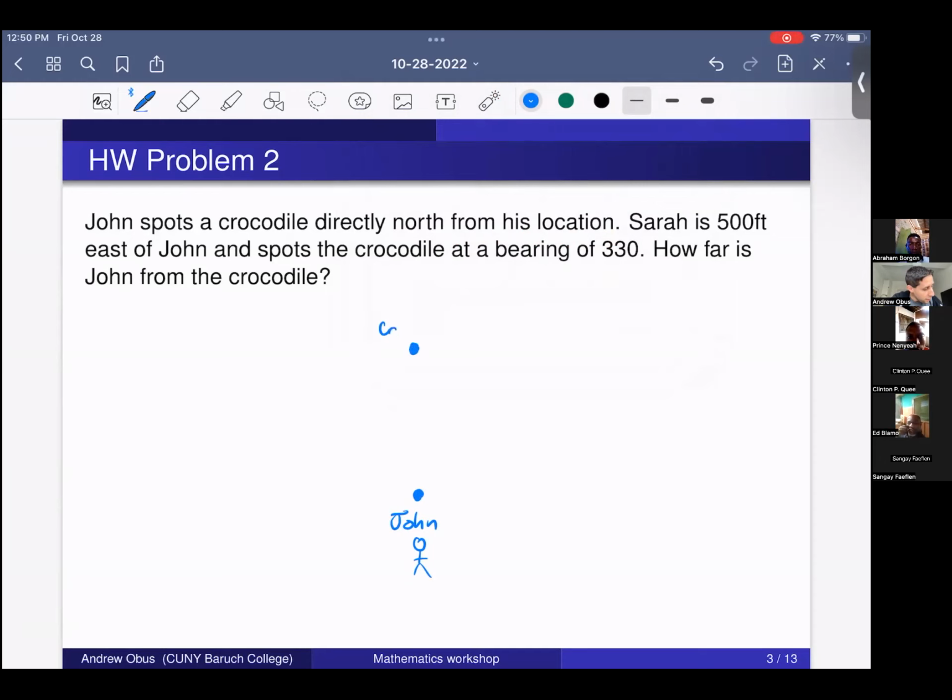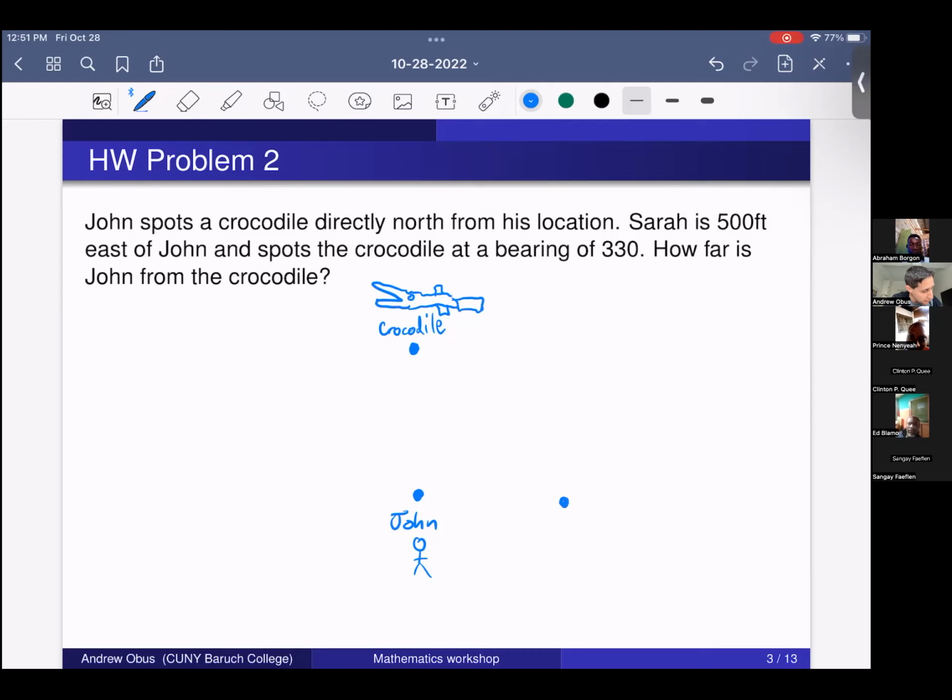So here we have the crocodile. If we want to, we can try to draw it. I'm not very good at drawing. Let's try this. That's my attempt to draw a crocodile.